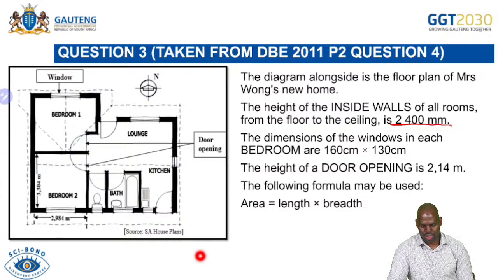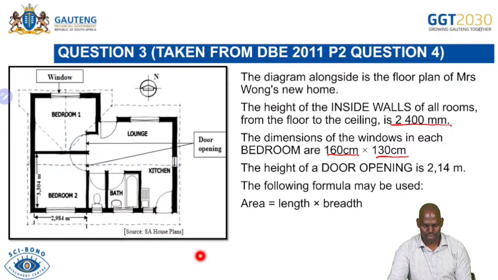The dimensions of the windows in each bedroom are 160 centimeters by 130 centimeters. Then the height of a door opening is 2.14 meters.